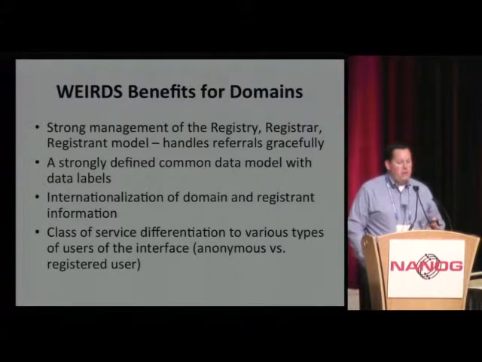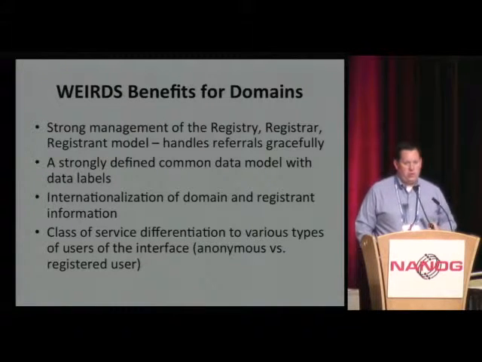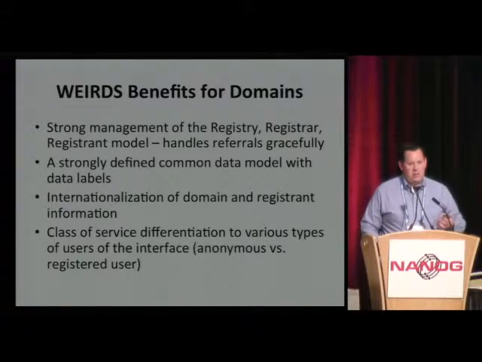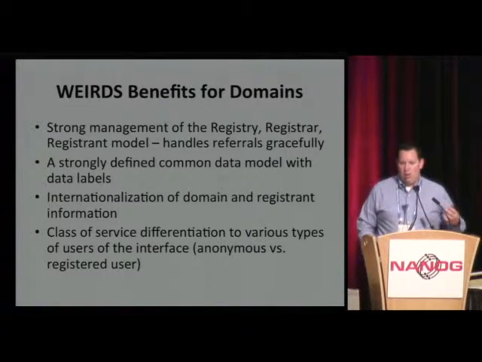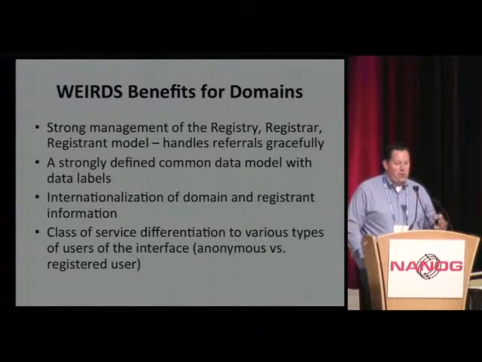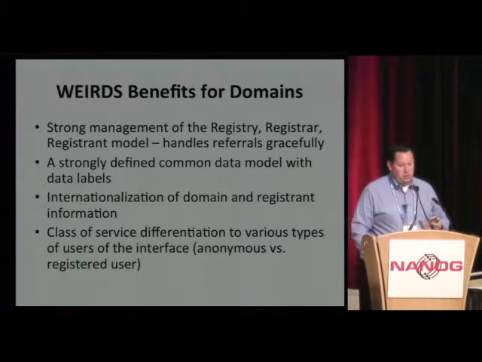It also defines a common data model with data labels. So a person actually gets labeled as a person, a role gets labeled as a role. That should help you as you're parsing this data so that way you can reach out to other networks or build geolocation databases or however you use WHOIS data. It supports internationalization for both the domain itself and registrant information.